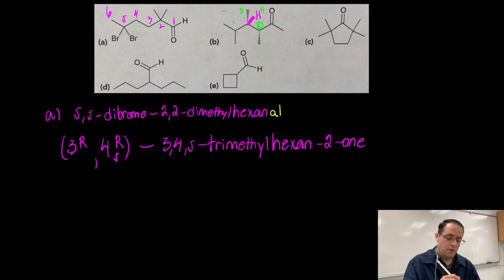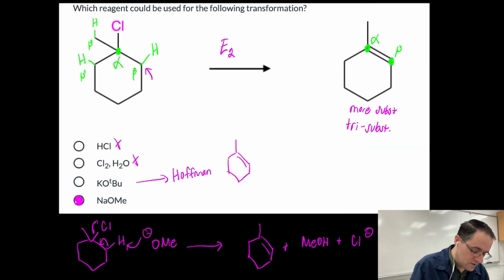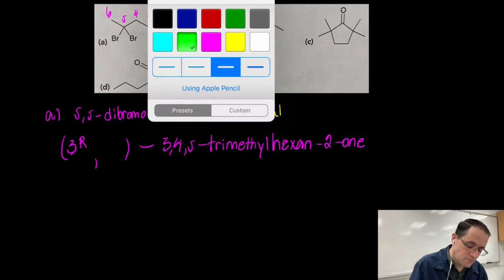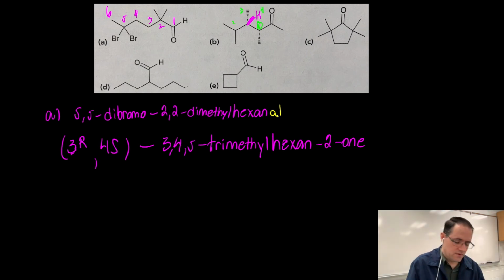So 1, 2, 3, it looks like it's R, but the lightest substituent is going the wrong way. It's coming towards us, not behind, so that's S. So it's 4S. Let's fix the name here. Oops, sorry about that. That's going to be 4S. So 3R, 4S, as good as I can do it really quick here: 3,4,5-trimethylhexan-2-one. Double check the stereochemistry on your own very carefully.